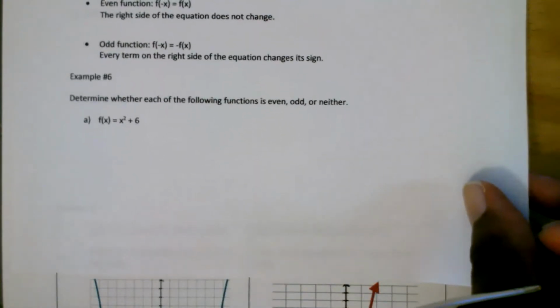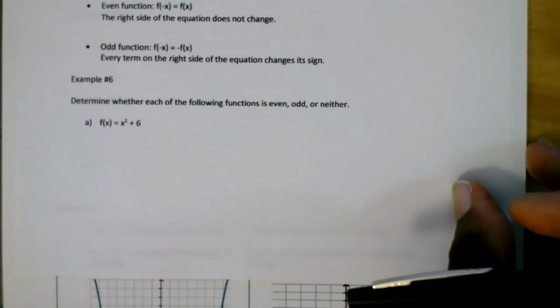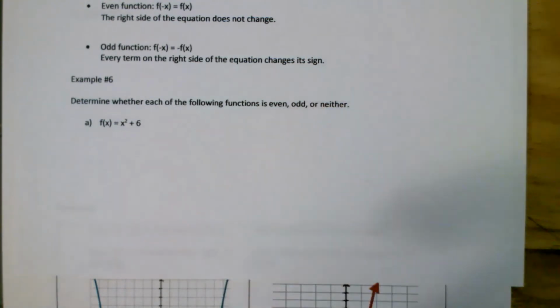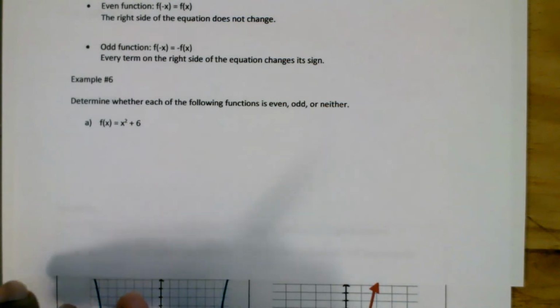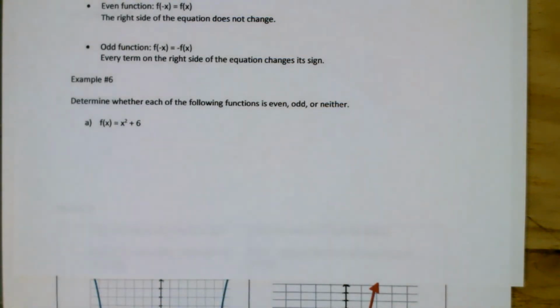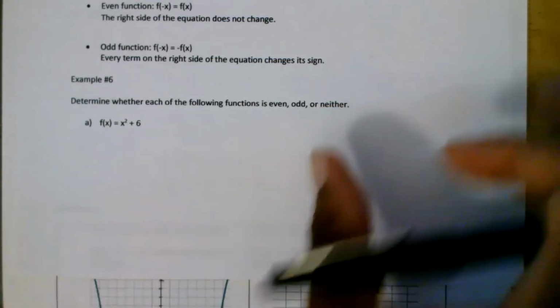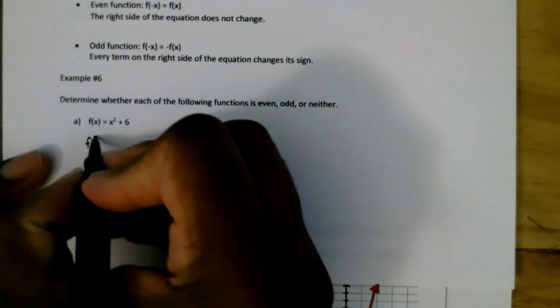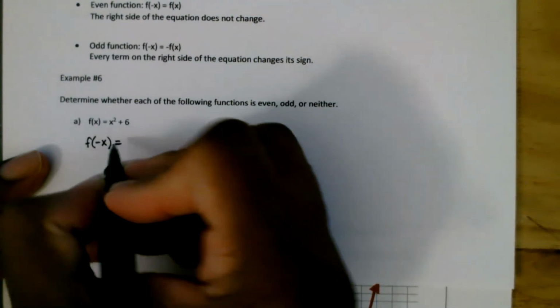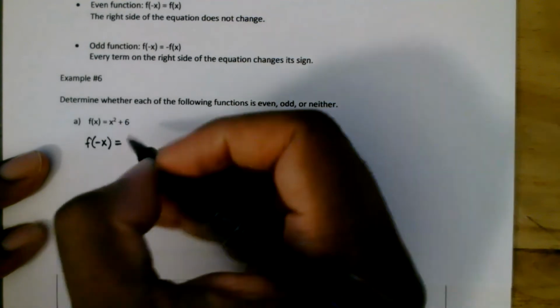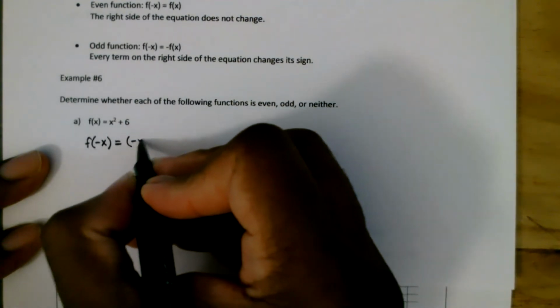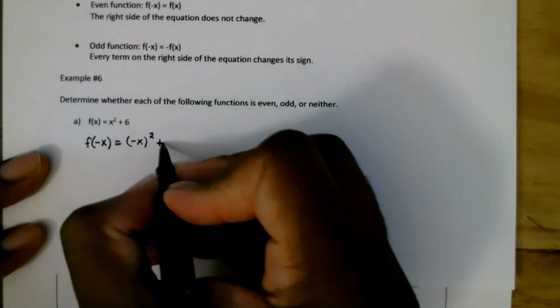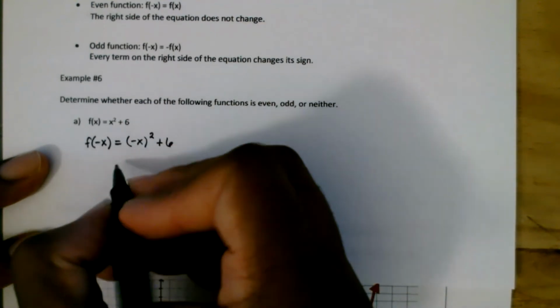In part A, you got to determine whether each of the following functions is even, odd, or neither. Let's say we got f of x equals x squared plus 6. I want to know if that's an even or an odd function or neither. In this case, if I substitute negative x for x, this is what I'll have. Negative x, and that's squared, plus 6.